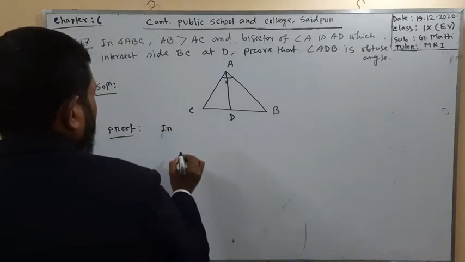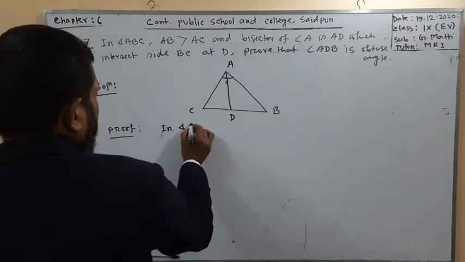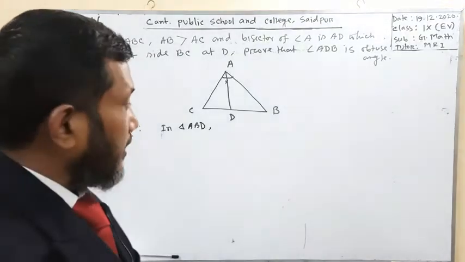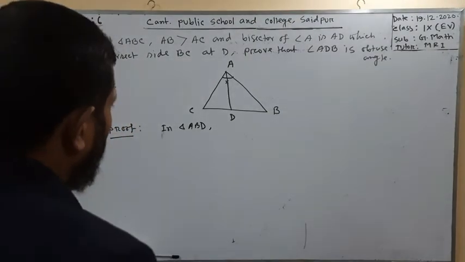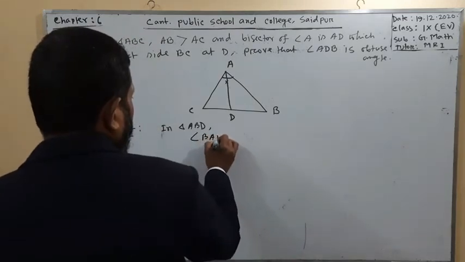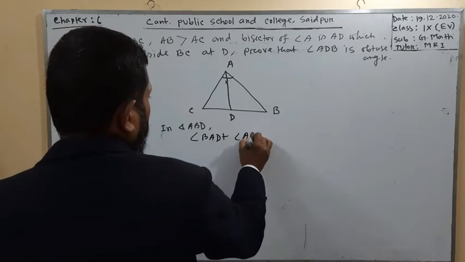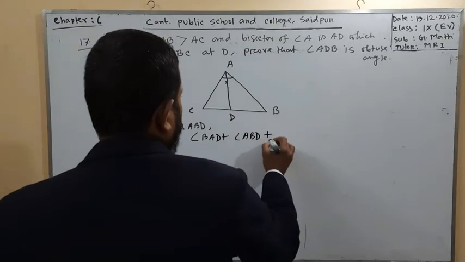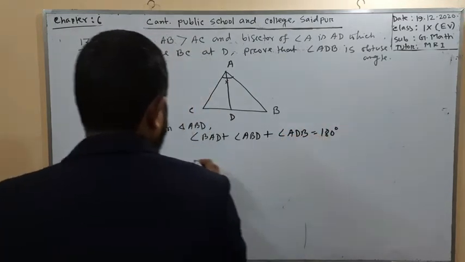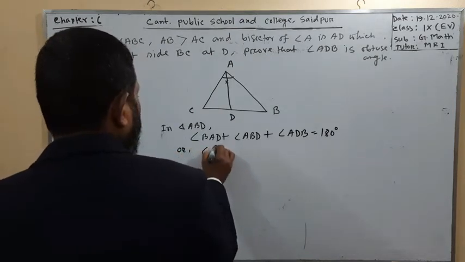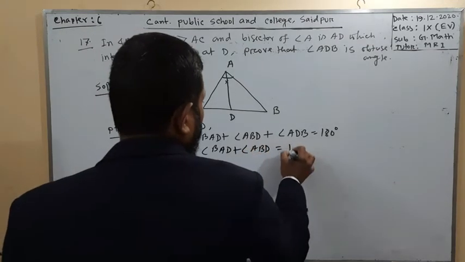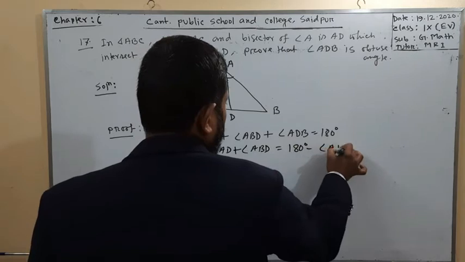In triangle ABD, we know the sum of three angles of a triangle is 180 degrees. So angle BAD plus angle ABD plus angle ADB is equal to 180 degrees, or BAD plus ABD is equal to 180 minus ADB.